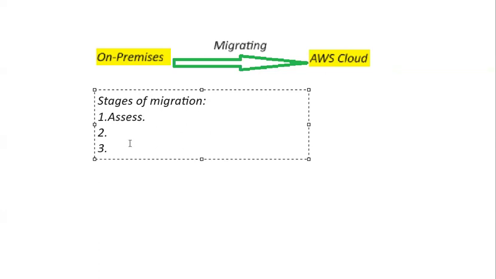In this assess stage only, we will collect our data from on-premise and analyze the data, and we build a business logic, or the best preferential logic, in this migration stage.